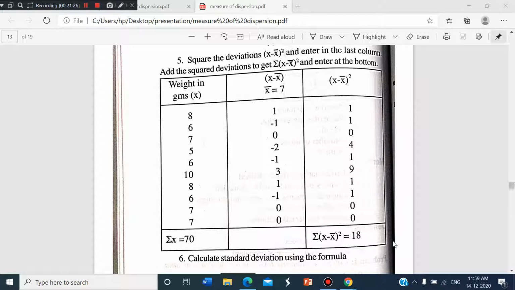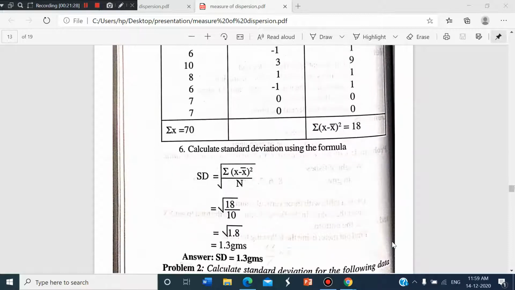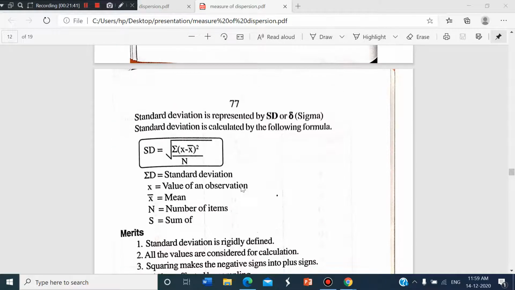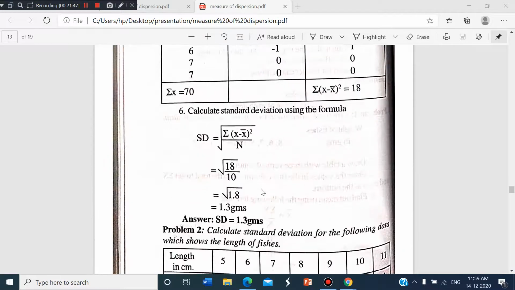Now you calculate the standard deviation using this formula. What is standard deviation? Square root of summation x minus x bar whole square divided by n. Already I have given you the formula. What is the value of summation x minus x bar whole square?